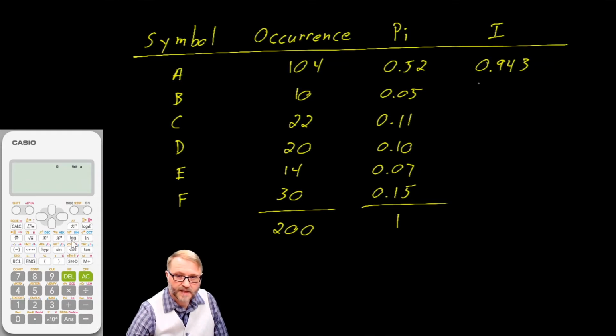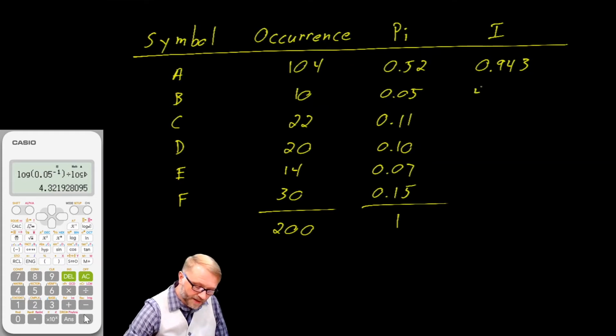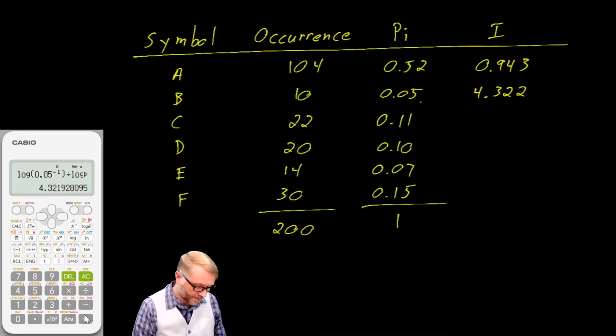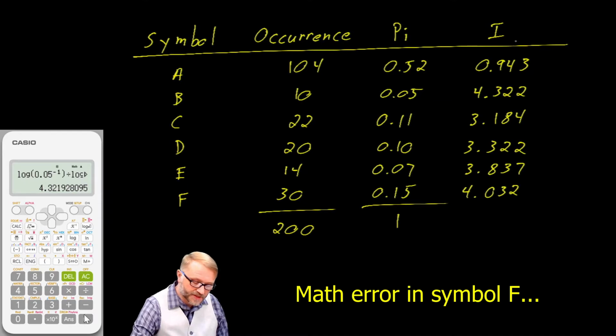For symbol B, it's log of 0.05 inverse divided by log of 2. You can see you need to ask many more questions for symbol B because it has a much lower probability of occurrence. Remember that this is the information per symbol.